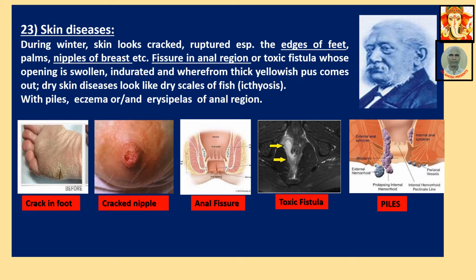It is called ichthyosis, like the skin of a fish, with piles, eczema, and or erysipelas of the anal region. So many images have been given, and these relate to this discussion. Please go through them and relate them. Names are given below.